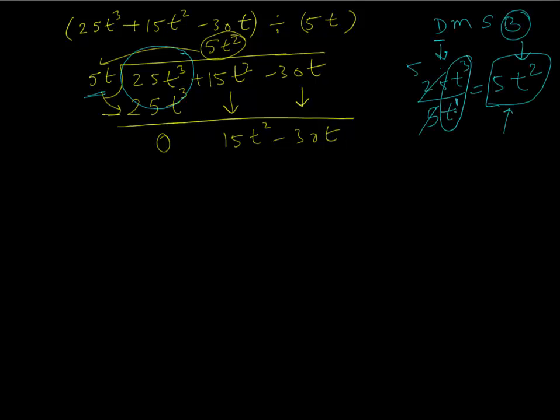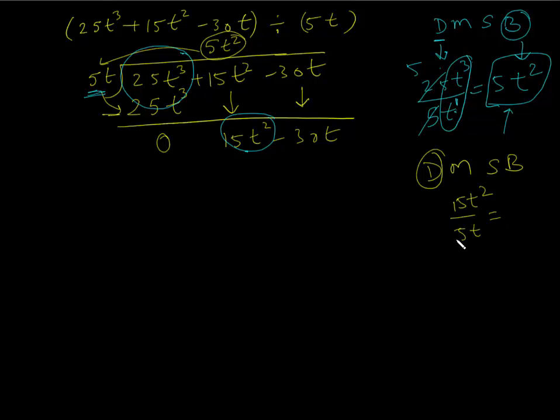We will again do divide, multiply, subtract, bring down. This time we will be dividing 15t squared, which is this term right here, by 5t. So 15t squared divided by 5t.